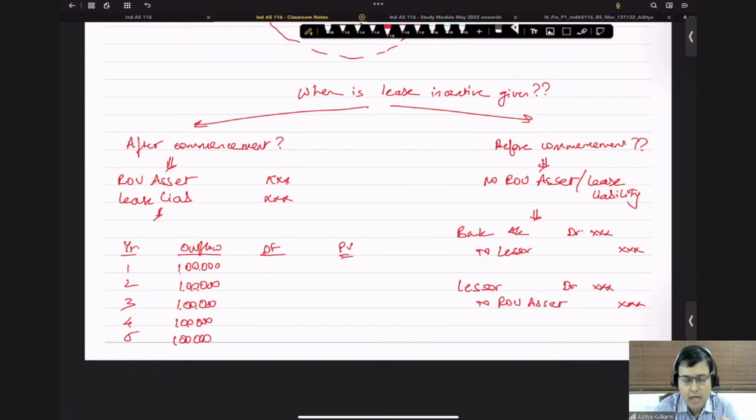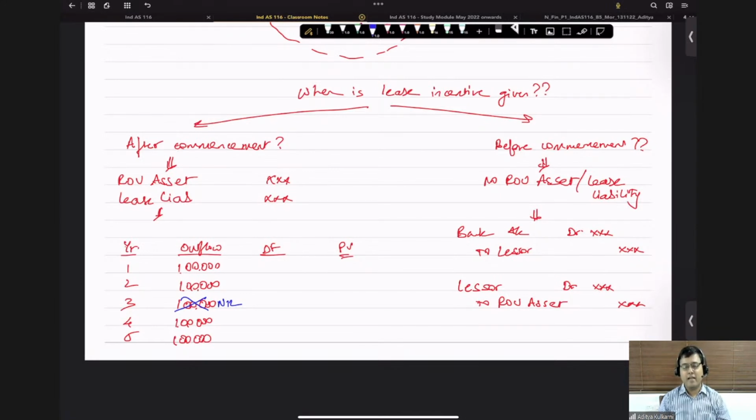So if there is a lease incentive that is payable after commencement, my outflow will come down to that extent. Suppose it is in the third year that I am going to receive the lease incentive.